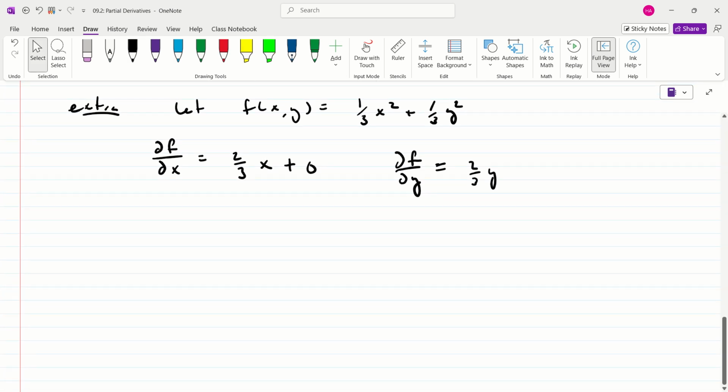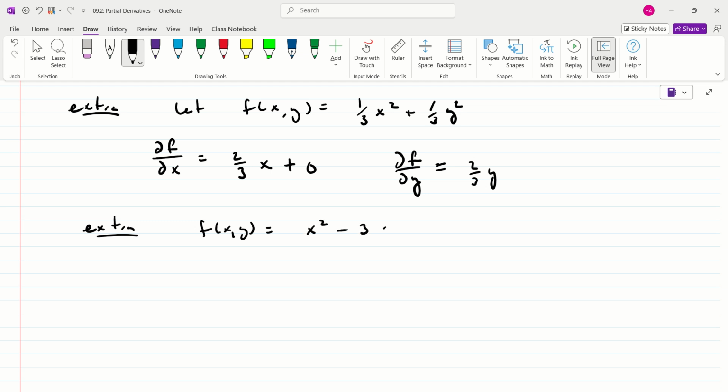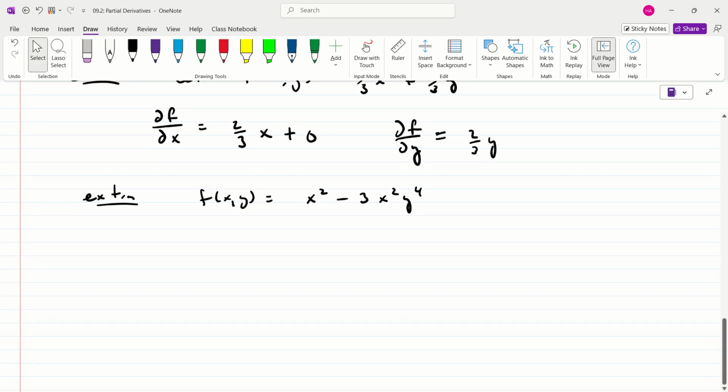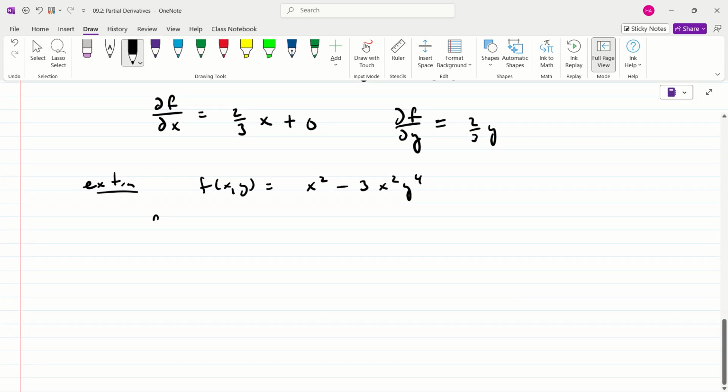Okay, let's do one with a little bit more detail. Let's say we have x squared minus 3 x squared y to the 4th. What can you tell me about the partial derivative of f with respect to x? Well, the derivative of x squared with respect to x is simply going to be 2x.